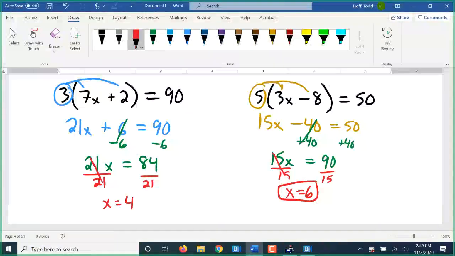Now, some people ask at this point, couldn't we have just divided by 5 here and then solved the rest of it? Or divided by 3 here and solved it and avoided those big numbers? Well, on these two equations, we could, but that doesn't always work on our equations with parentheses.